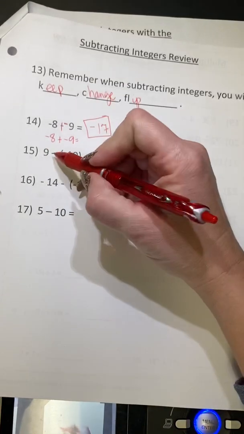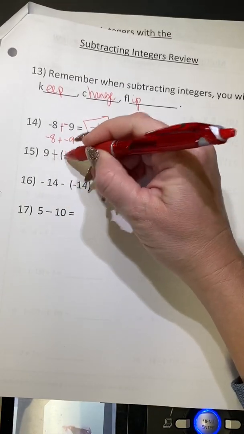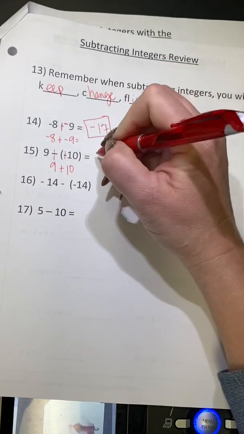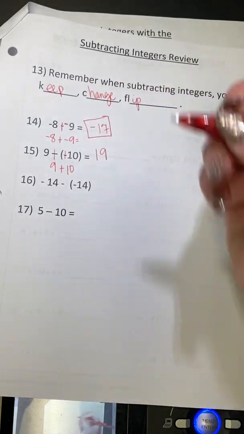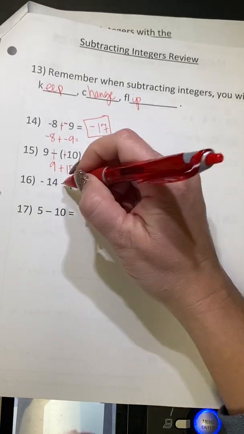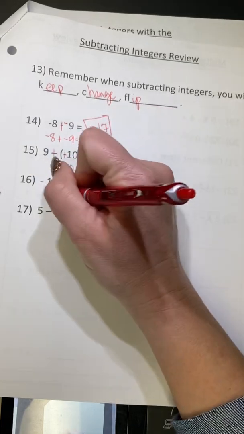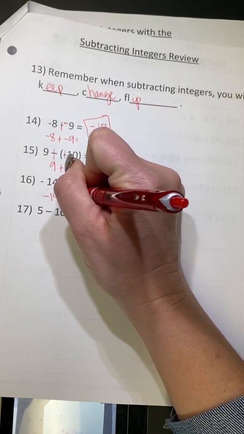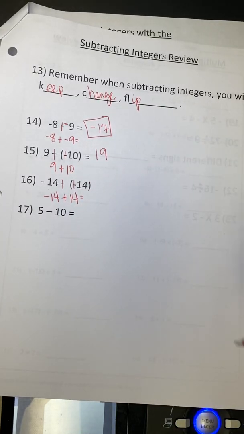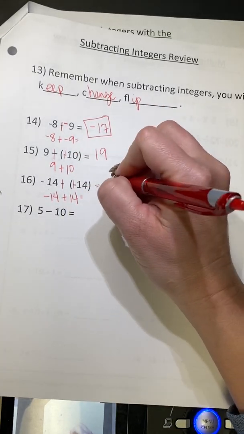Okay. Keep, change, flip. So now I have 9 plus 10, +19. Keep, change, flip. So now I have -14 plus +14 equals 0.